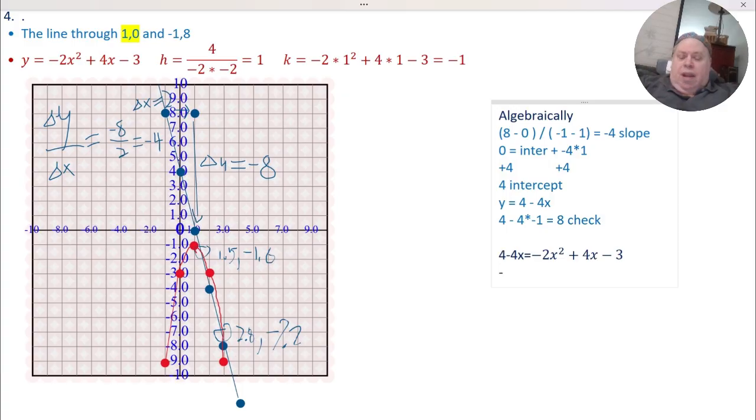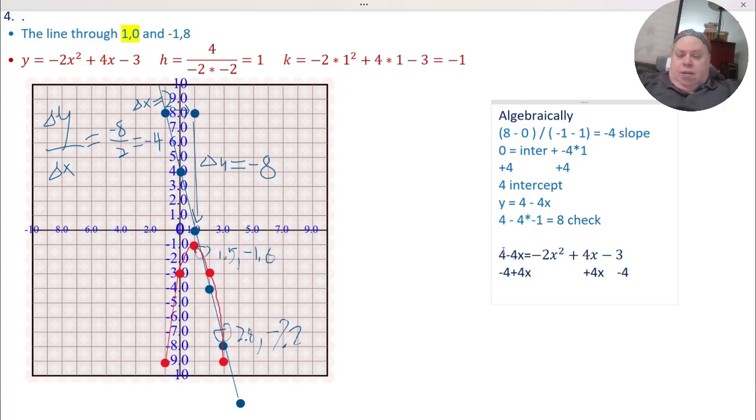And so I'm going to turn it into a root problem by saying 4 minus 4 plus 4x on both sides. I'm going to do this plus 4x next to the 4x and minus 4 next to the minus 3.